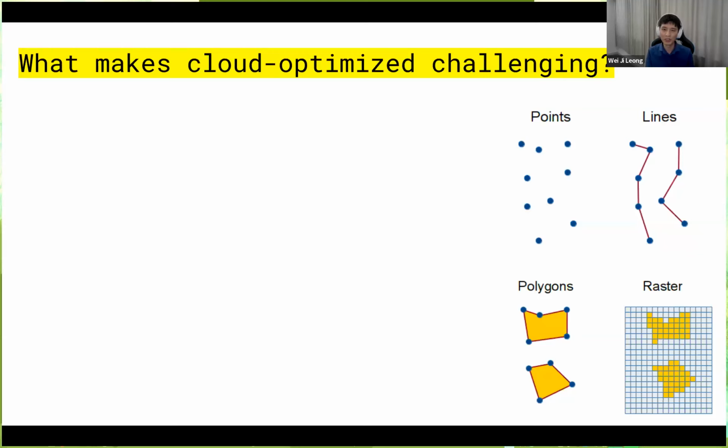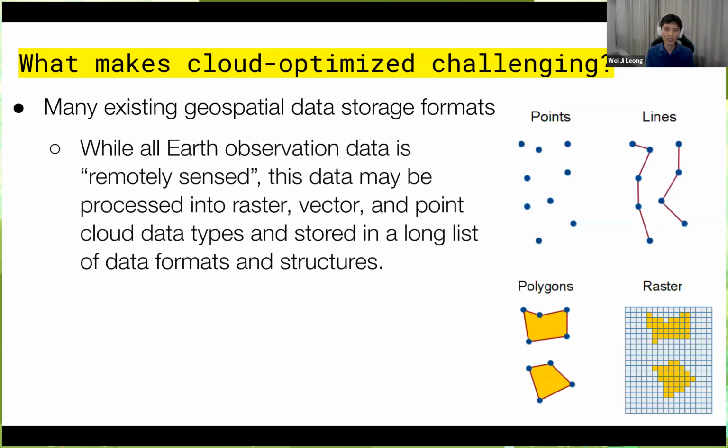But geospatial data is more than just raster, right? There's also points, lines, and polygons. All the data we collect using remote sensing or Earth observation, depending on how you collect it, could be from a satellite altimeter or a satellite synthetic aperture radar. All of those, we're talking sometimes about lots of different file formats and data structures.